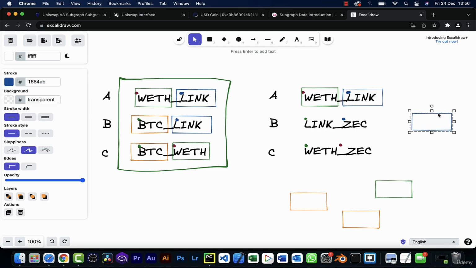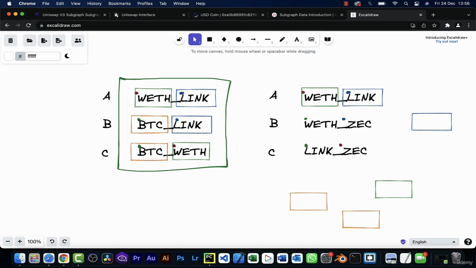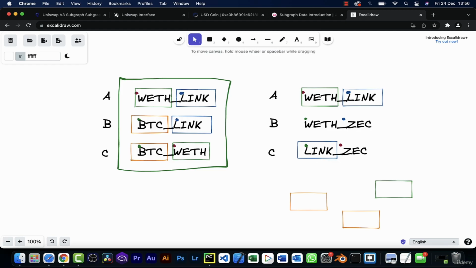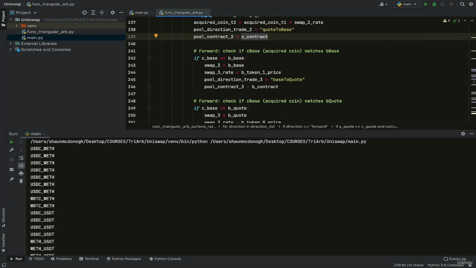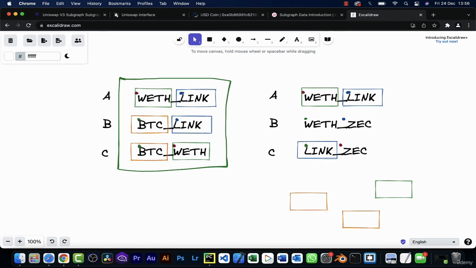This time, and in fact this is a bad example, because what I should do is move WETH here. What's happening this time is LINK is actually now here in pair C, right? So we're saying, what if it's equal to C quote? Well, actually in this example it's equal to C base.